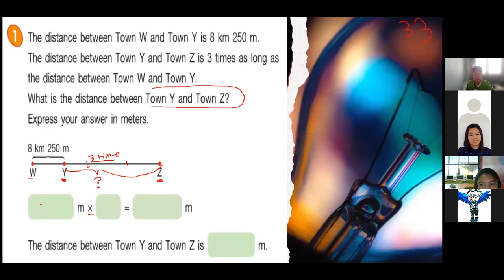What is our number sentence? That is page 33.